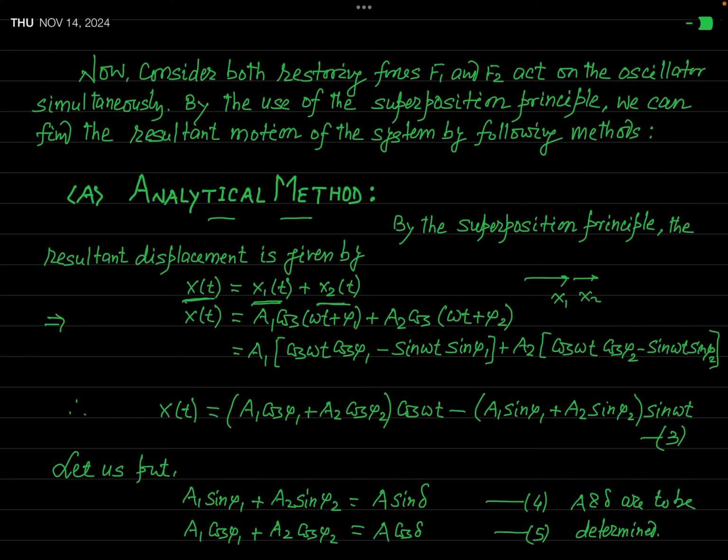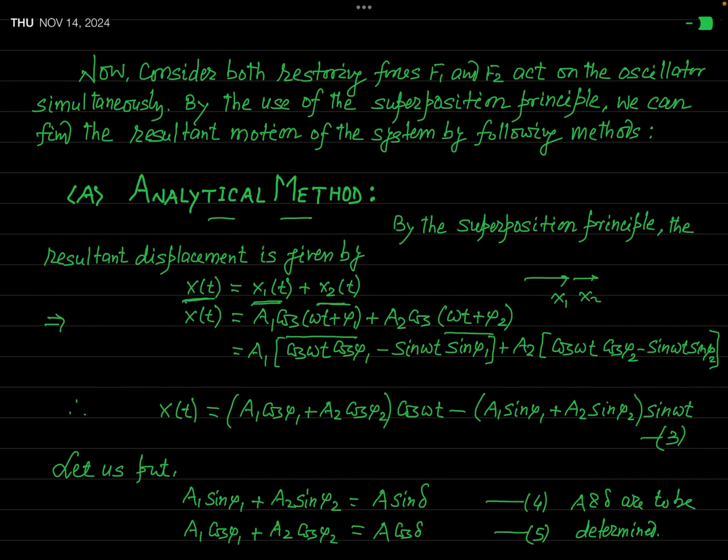But you have seen that x1 of t is equal to A1 times cosine of omega t plus phi 1, and x2 of t is A2 times cosine of omega t plus phi 2. So I have substituted these.